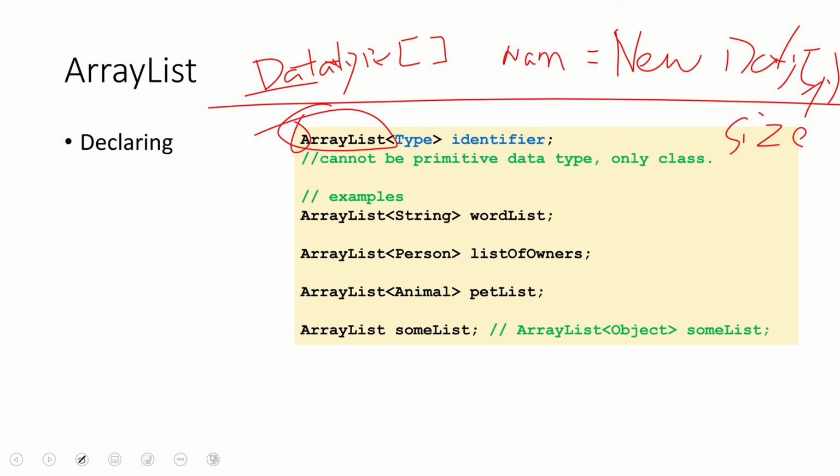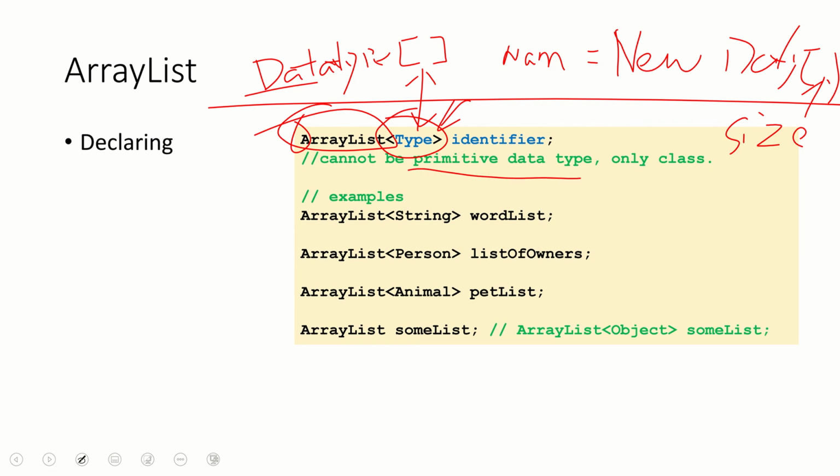Make sure the first letter is capitalized. Then we have brackets. It's different. Inside we put the data type. Here you need to be careful. This data type cannot be a primitive data type.